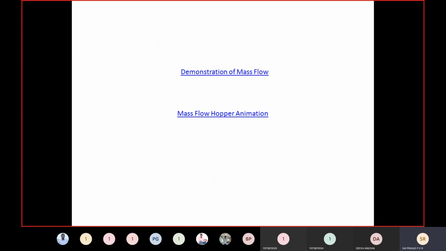Okay, so before we complete this, let us see the demonstration of two things, that is the mass flow and then the tunnel flow.